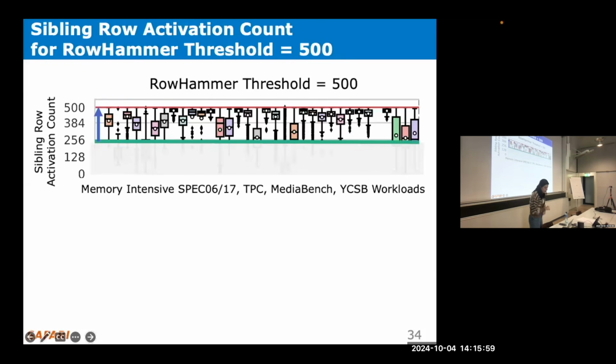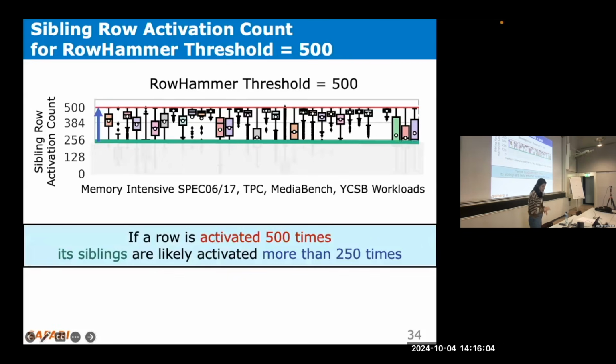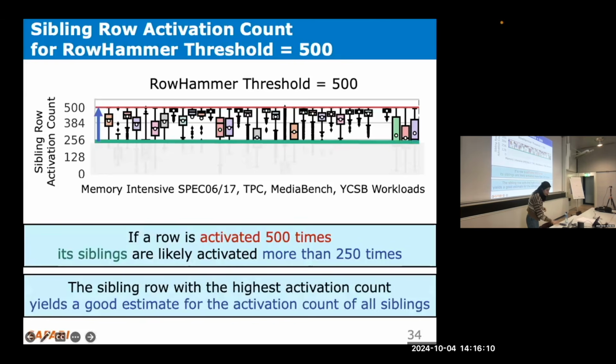Above this horizontal green line in the figure shows that if a row is activated RowHammer threshold times, its siblings are activated more than half the RowHammer threshold times. Therefore, if we can track the sibling that is activated the most, we can get a good estimate for the activation counts of all its siblings.